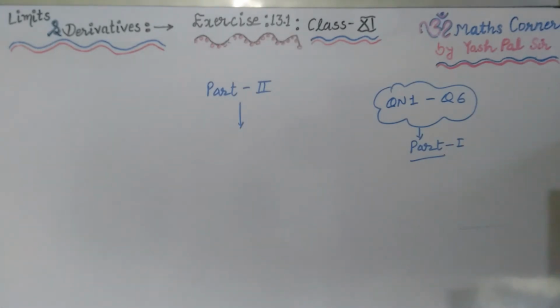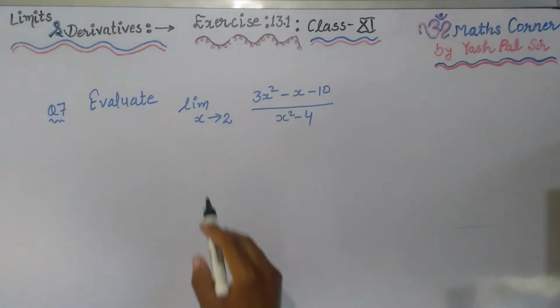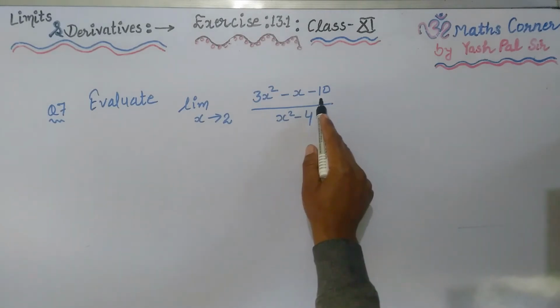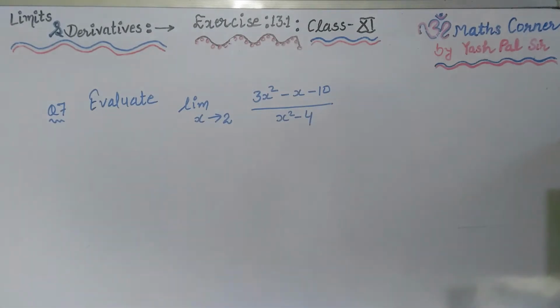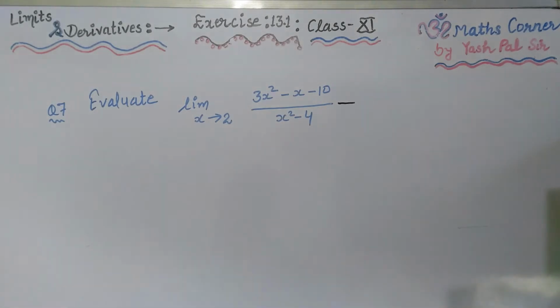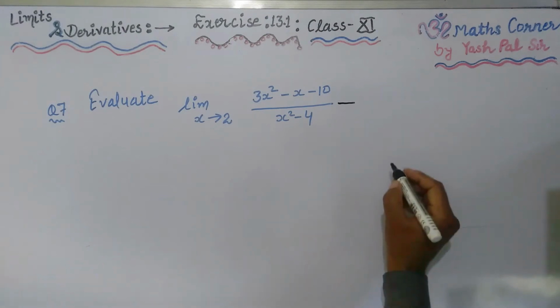The very first question, question number 7 is: evaluate limit x approaches 2, (3x square minus x minus 10) divided by (x square minus 4). First of all we substitute directly x equal to 2.